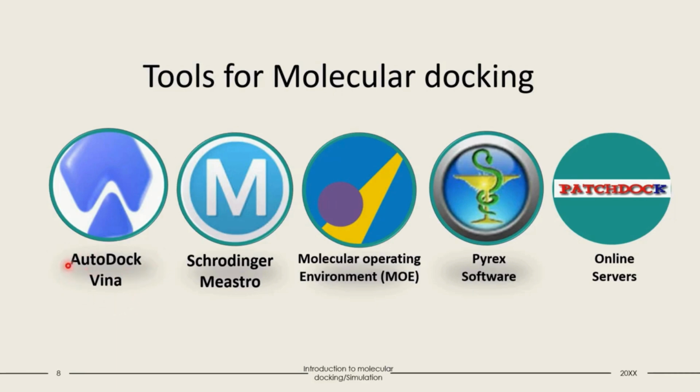You also have the second one, which is Schrodinger Maestro, which is an extension of Schrodinger suite. It also has an academic version where you can make use of as a student or a researcher.